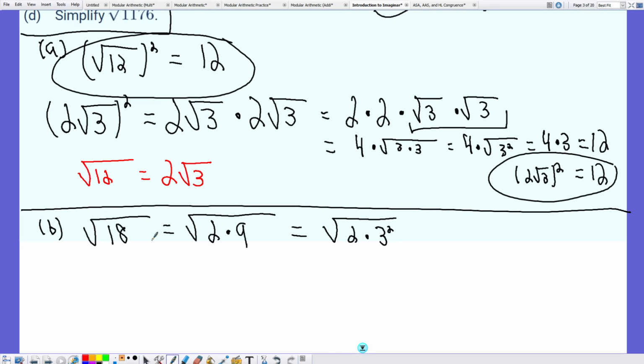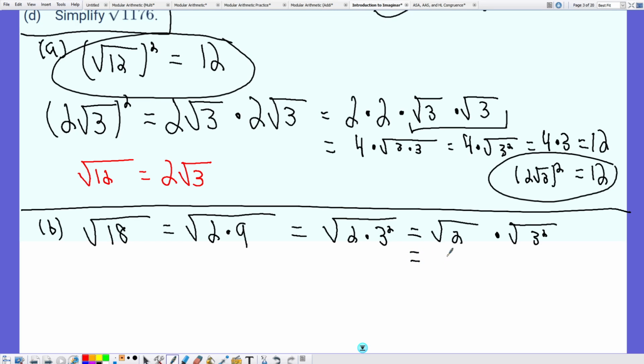Now, instead of, like when we multiplied square root of 3 times square root of 3 here and put it inside the same square root, what I'm going to do over here is separate their square roots. So we have the square root of 2 times the square root of 3 squared.